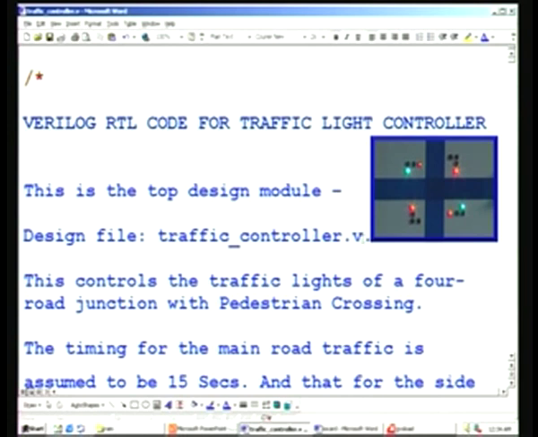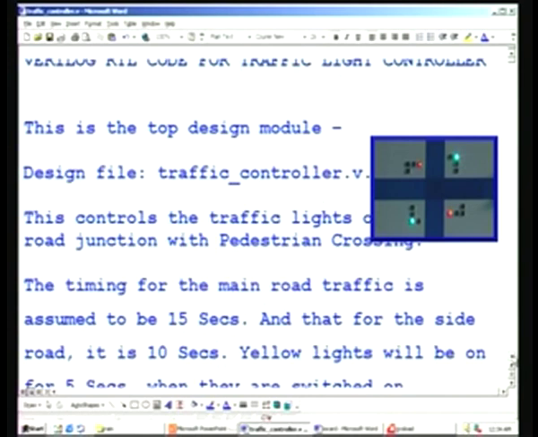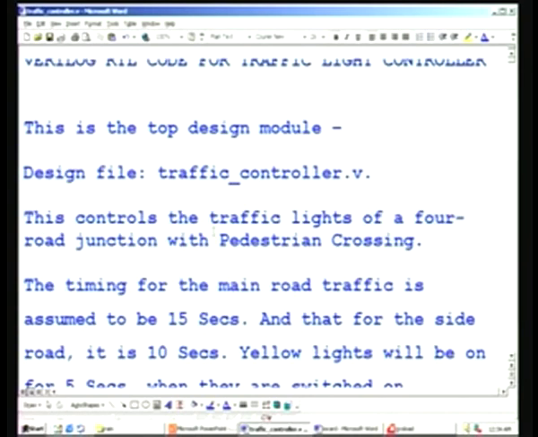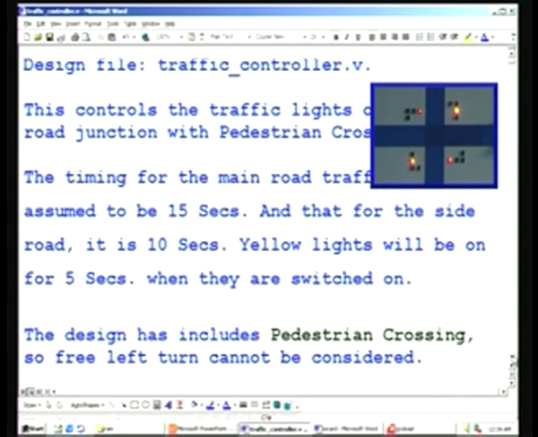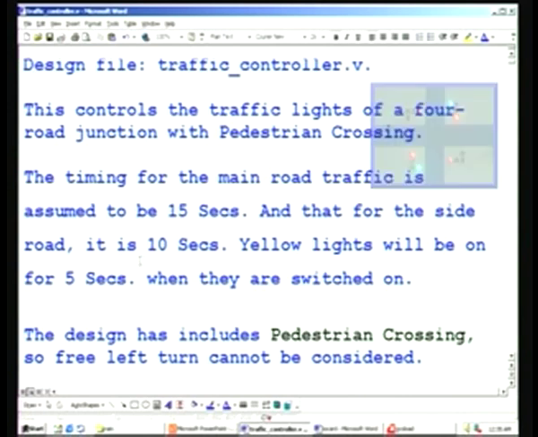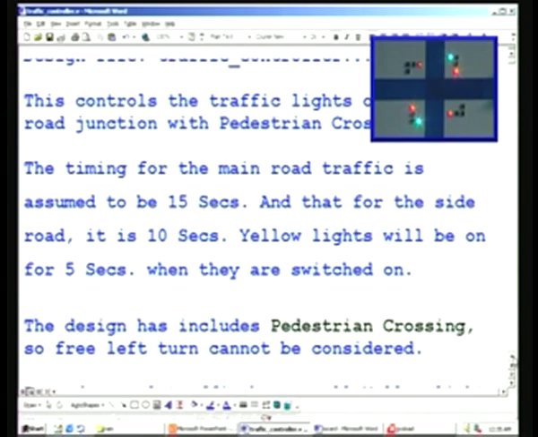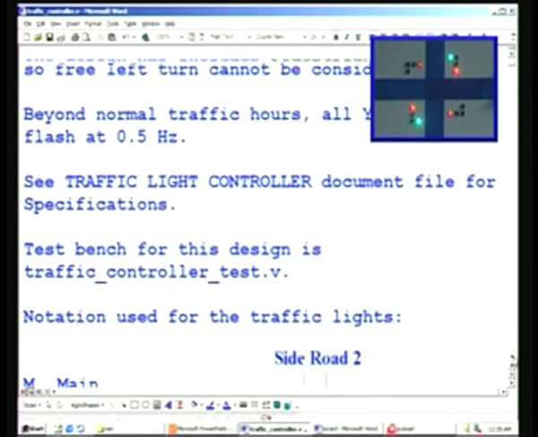In addition to this, we had given an assignment for pedestrian crossing that has also been incorporated, so this is what is here to control the traffic lights of a 4-road junction with pedestrian crossing. We had earlier 45 seconds for the main road traffic, which has been amended now to 15 seconds, and side road for 10 seconds, and other things are the same, namely the yellow lights for 5 seconds and blinking at 1 second rate, and this is what we have already seen.